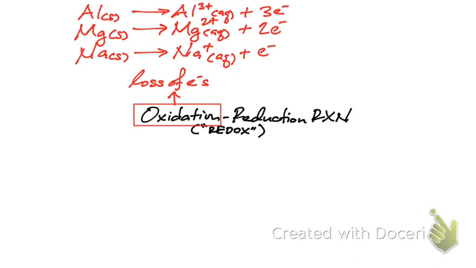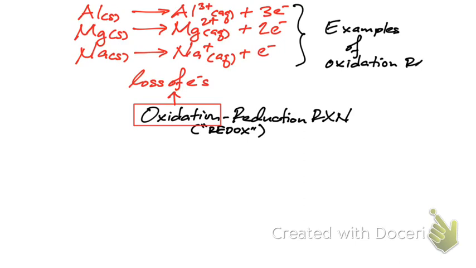And so the charge will basically equal the total amount of electrons that the element or the metal can generate. So all 3 of these are examples of oxidation reaction, because each of these reactions released electrons.